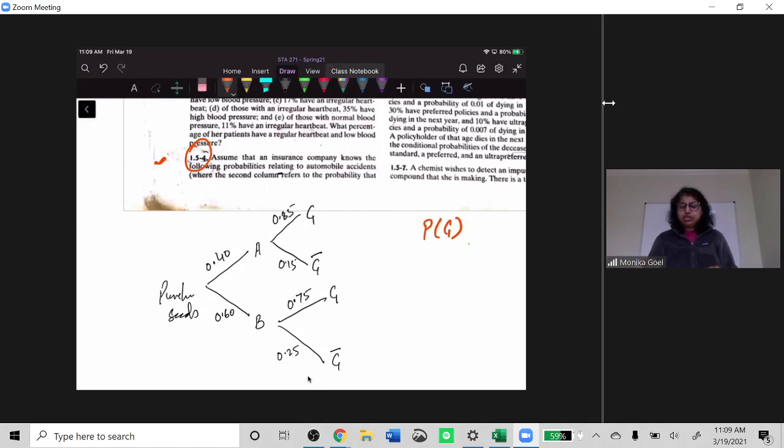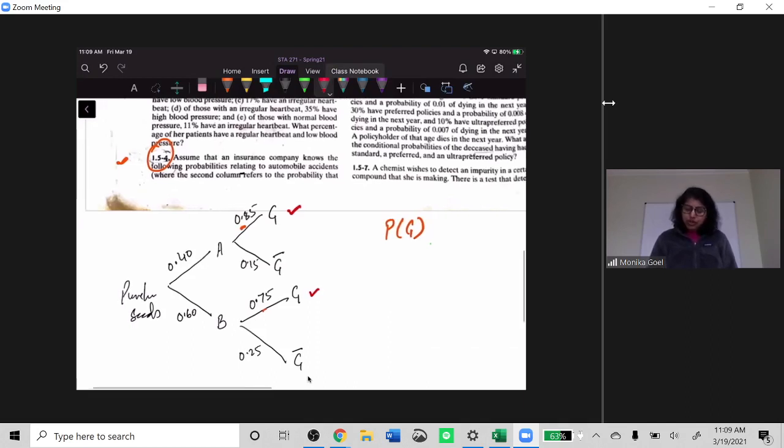And the question is, what is the probability that this seed will germinate? Because they both have different probabilities of germination. So now we need to see the probability of germination. The seed will germinate in two cases, here and here, right? Either purchased from supplier A or purchased from supplier B.